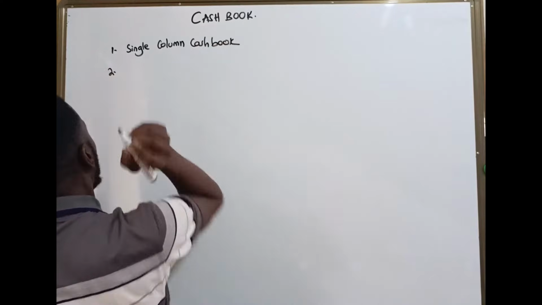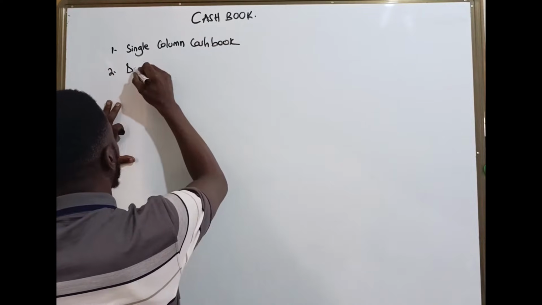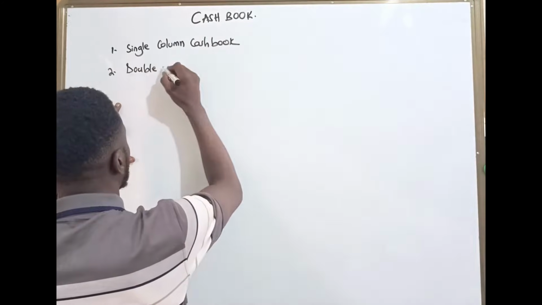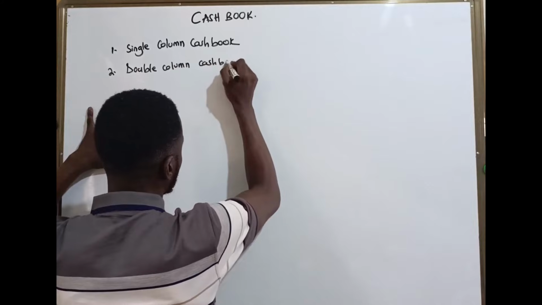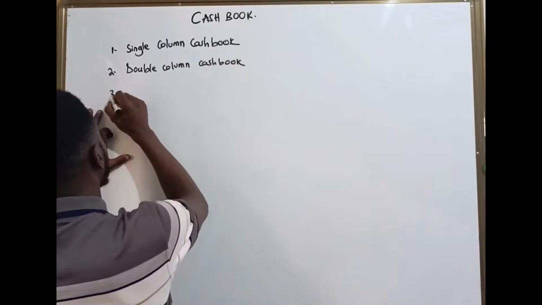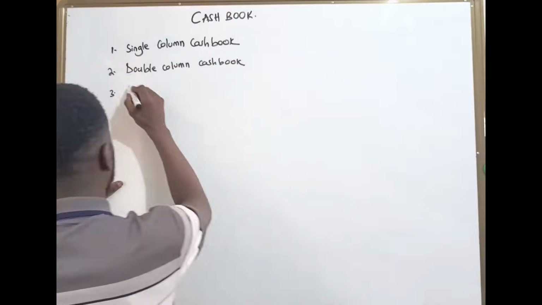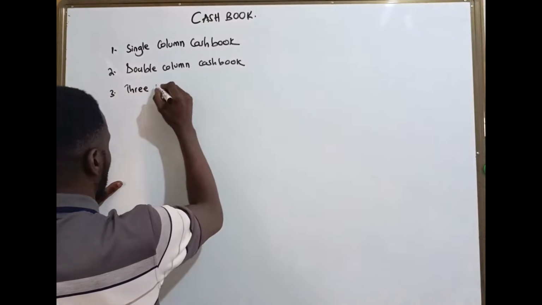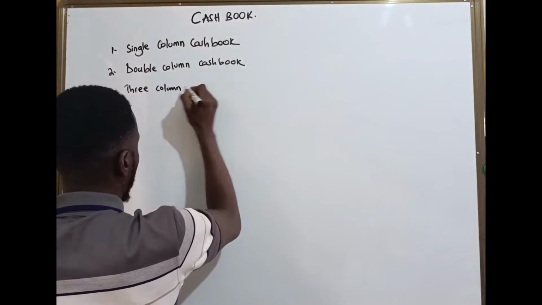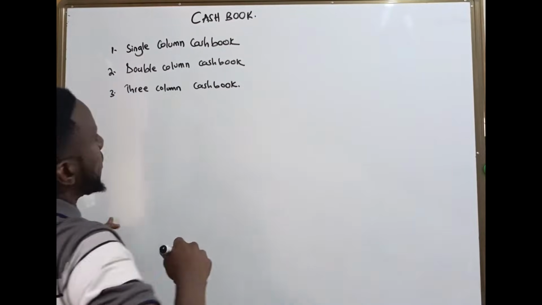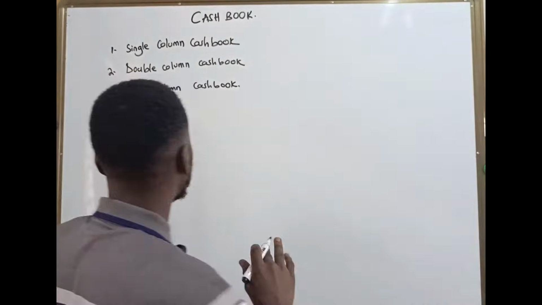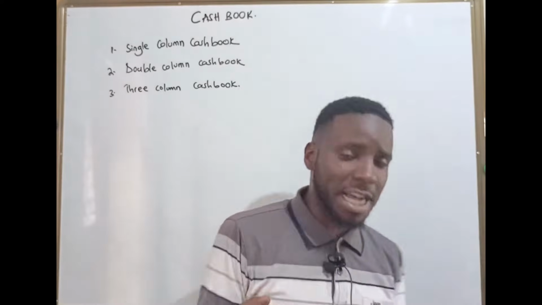We have what we call the double column cash book, or 2 column cash book. We have the third one, which I call the 3 column cash book. Now, there's also the 4th one. It is called the petit cash book.